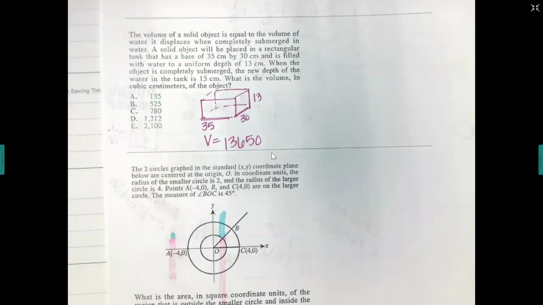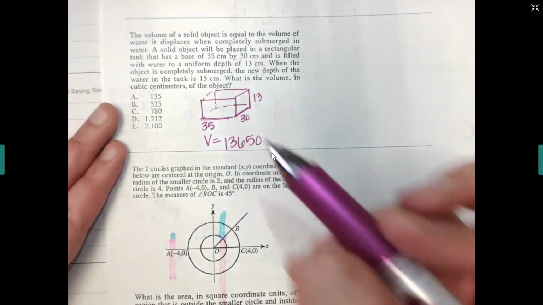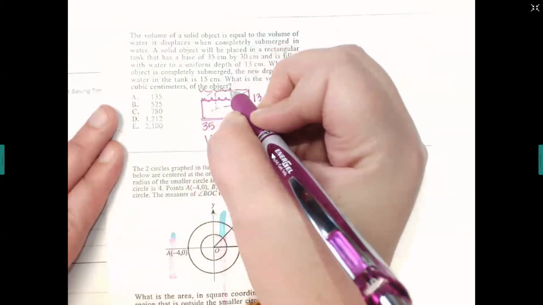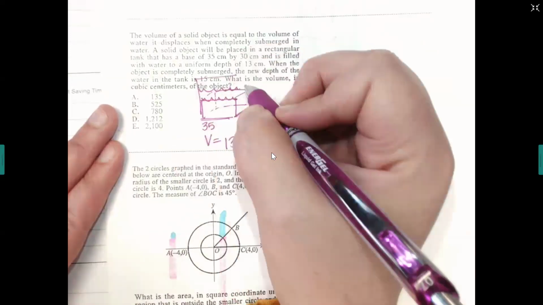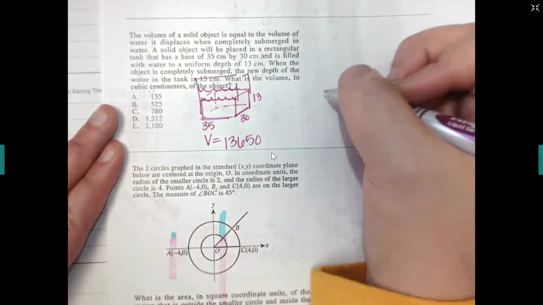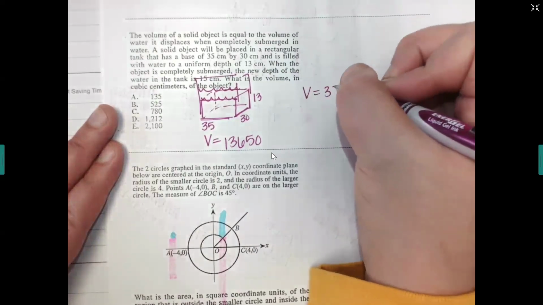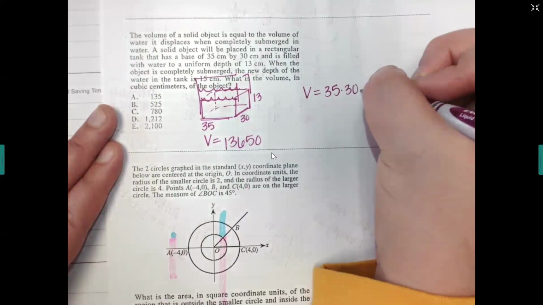Then it says, when the object is submerged, the new depth is 15. So rather than my water only coming up to 13, it's now going to come up to 15 in the tank. If I change my volume to 15, that would be 35 times 30 times 15.